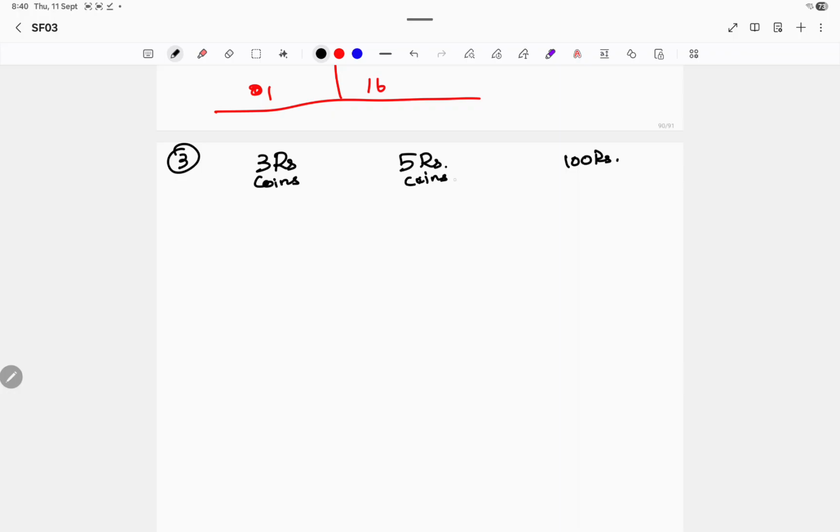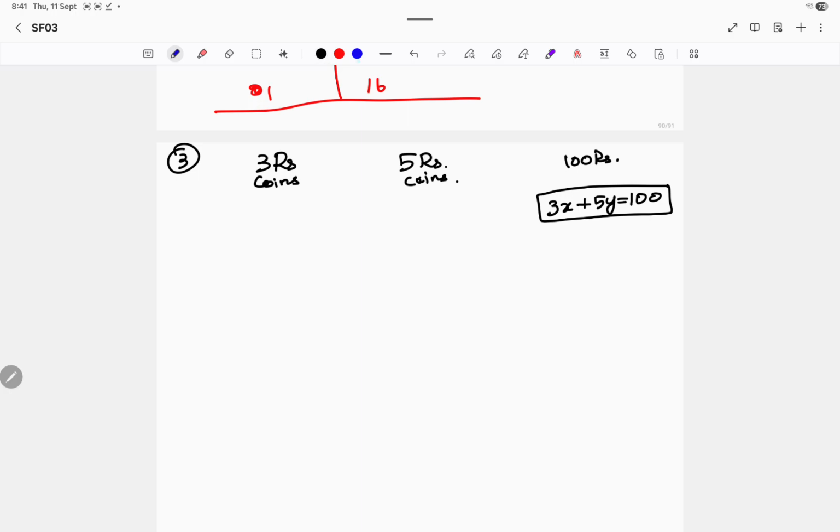I have enough 5 rupees coins, and using the combination of 3 rupee coins and 5 rupee coins, I need to form 100 rupees value. How many different solutions are possible? This question is exactly the same as the number of whole number solutions of 3x plus 5y equals 100. So irrespective of how the question is worded, we are going to solve the same thing.